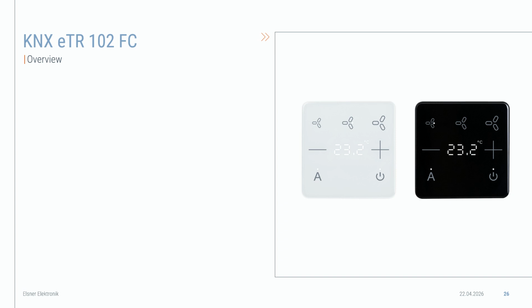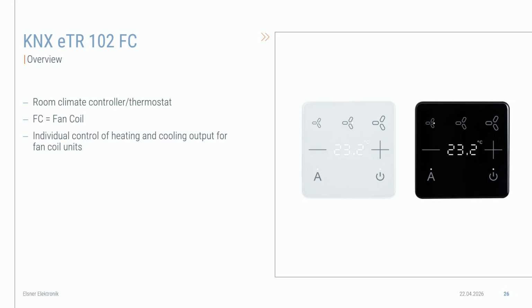The device has an integrated temperature sensor, and the fan speed buttons are used to set the fan speed in manual mode. The control is switched via the on-off symbol. When set to off, the controller is disabled, similar to a standard lockout function, and the LED is turned off. The ETR 102 features integrated temperature measurement. And here you see the main functions of the device.